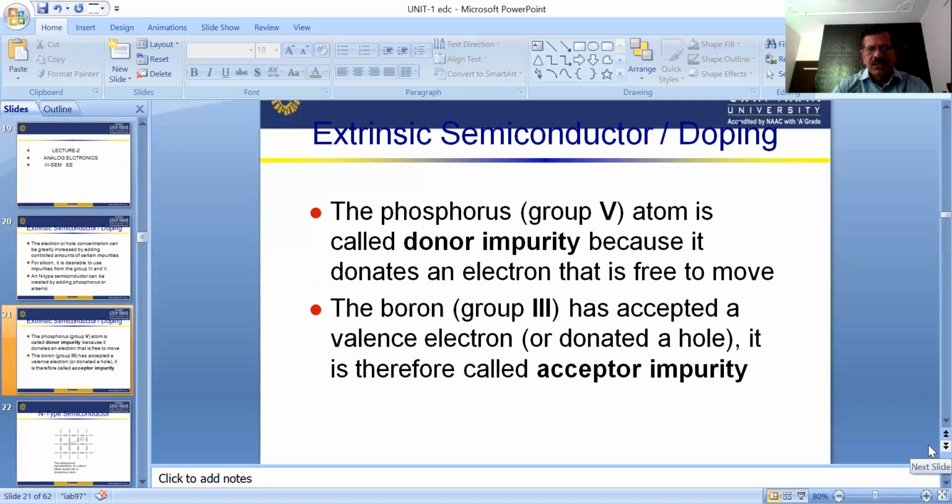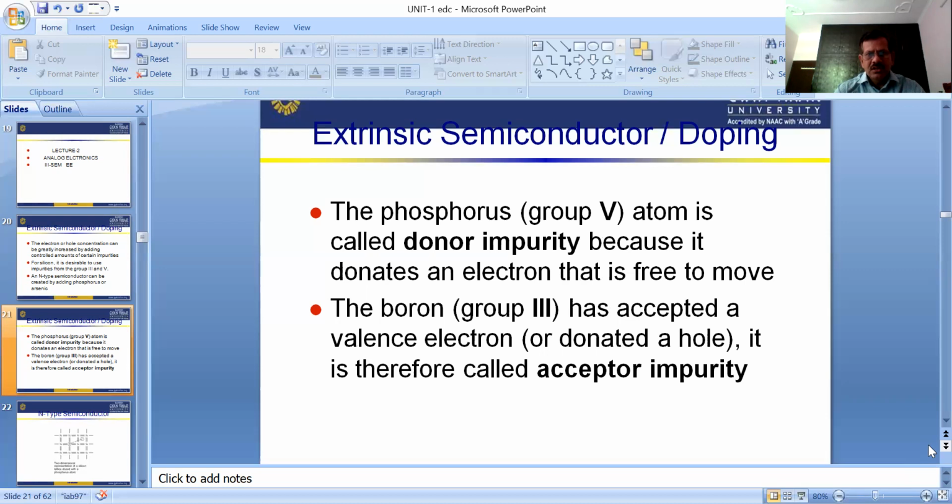Phosphorus, a group fifth atom, is called a donor impurity because it donates an electron that is free. So we know that some impurities are donors and some impurities are acceptors.